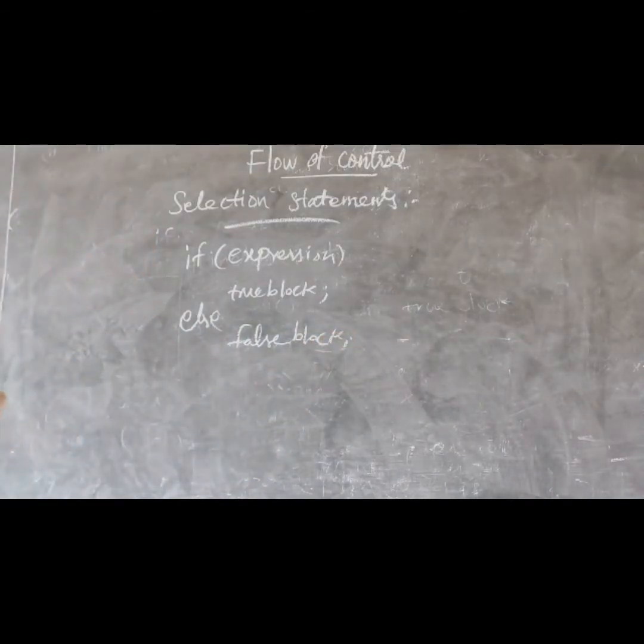It checks the condition. If the condition is true, it executes the true block. If the condition is false, it executes the false block. So this is the syntax of the if-else statement.